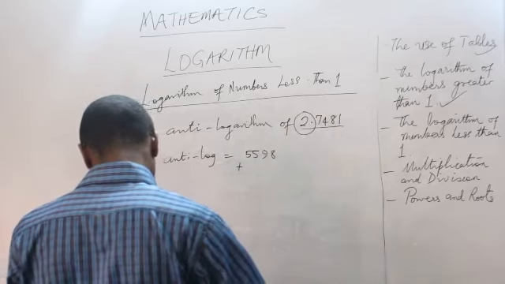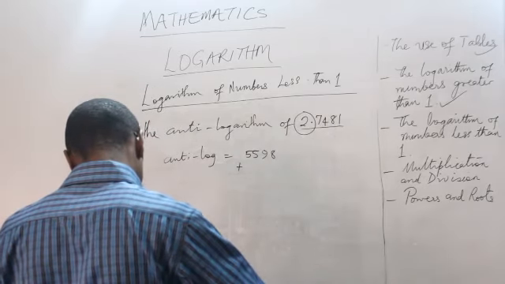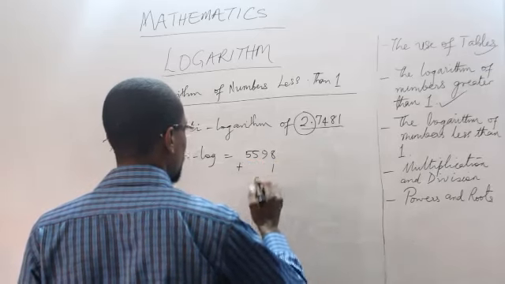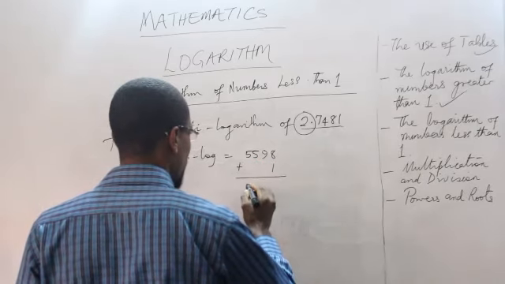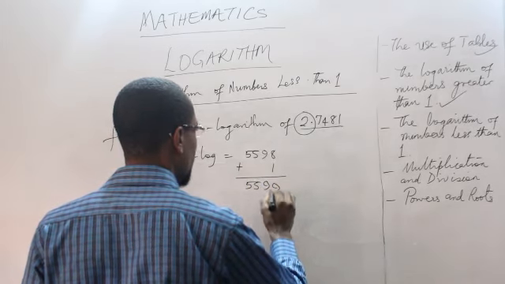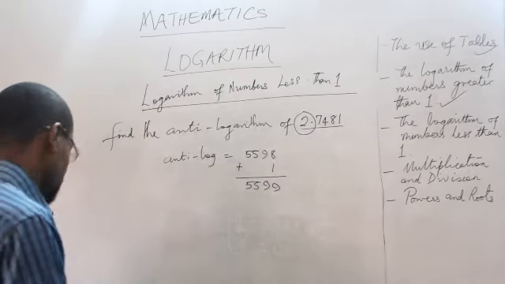Now, difference 1. Difference 1 there is 1. So when we add this, we have 5599. Good.